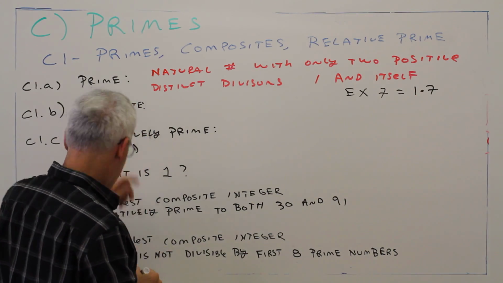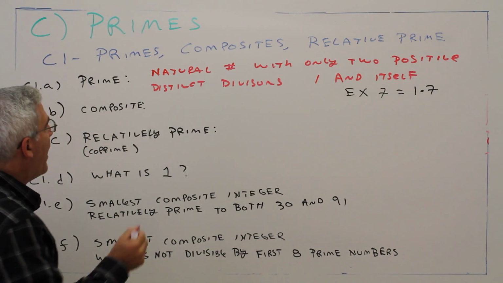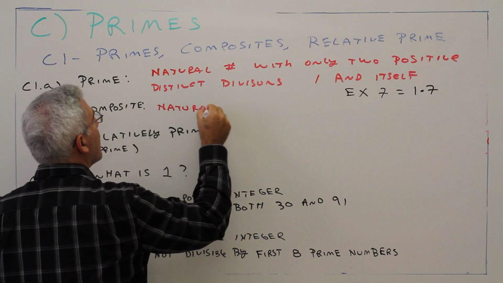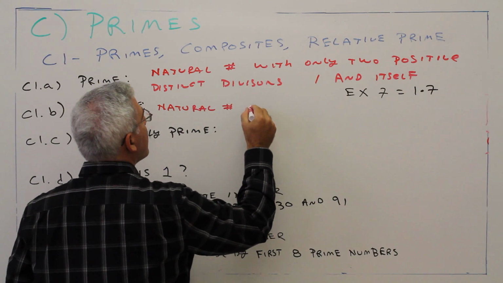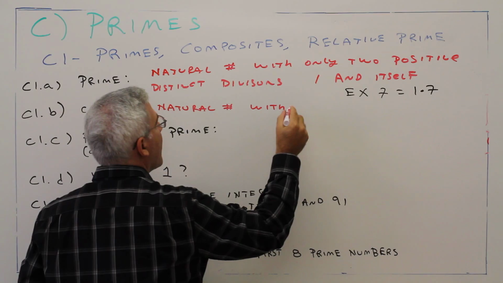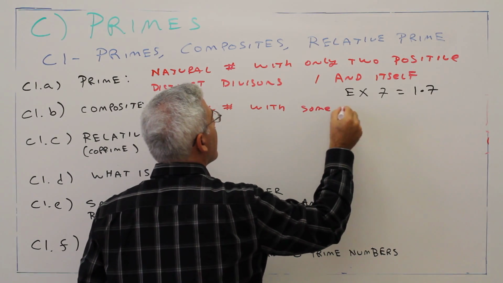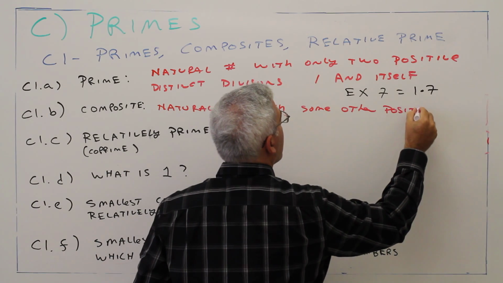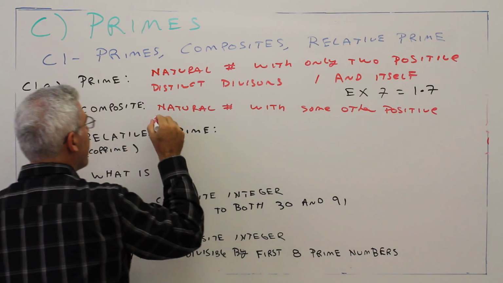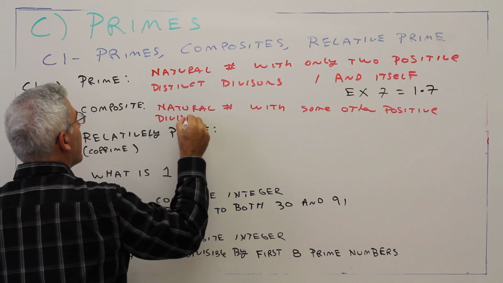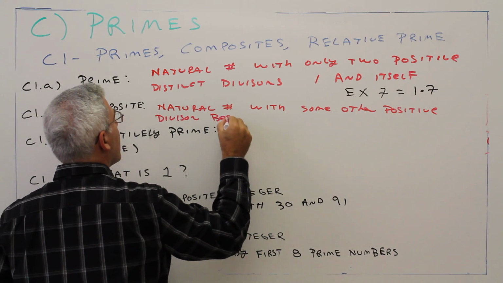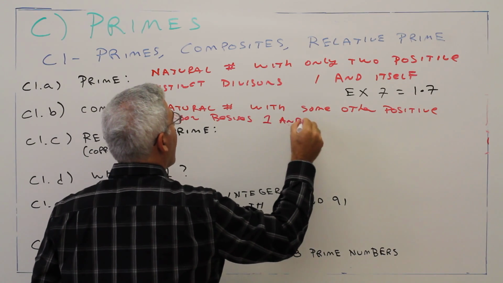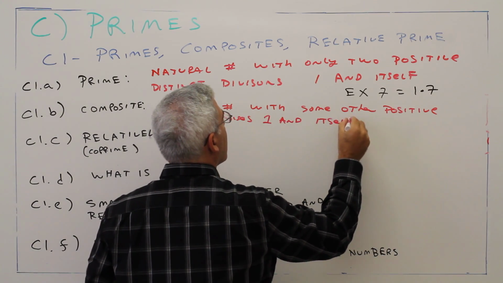itself. Composite. Composite is a natural number with some other positive divisor besides 1 and itself.